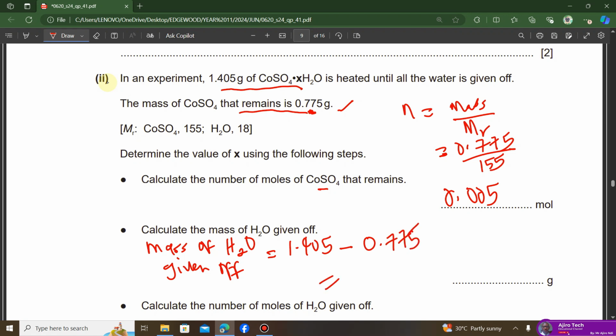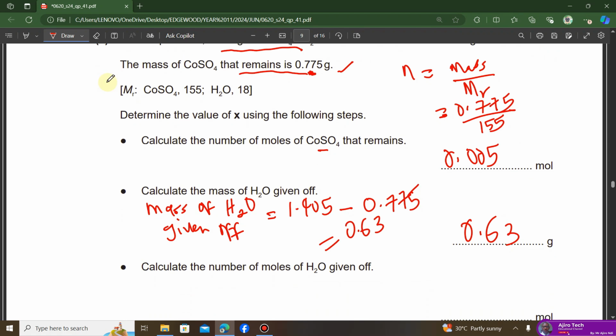So let's compute this using the calculator. 1.405 minus 0.775, and we have 0.63. So it's basically 0.63 grams. That's the mass of the water given off after it was heated.